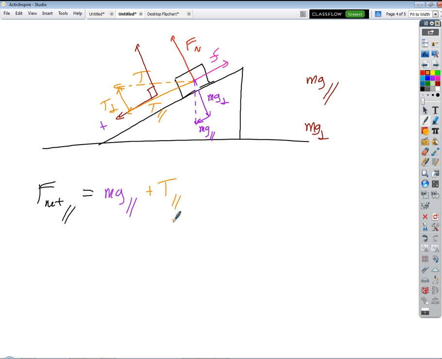Are there any vectors that are pointing in the negative parallel direction? Friction does, right? So minus frictional force equals m times the parallel component of the acceleration. There's one equation of motion.